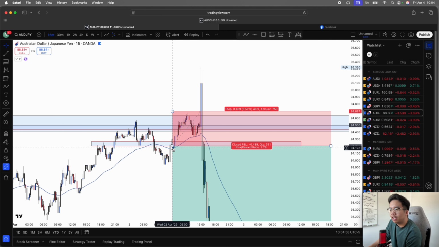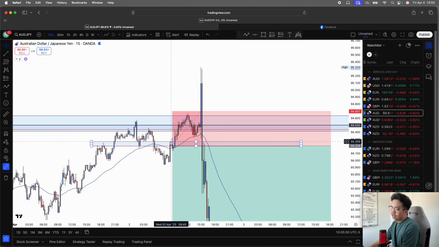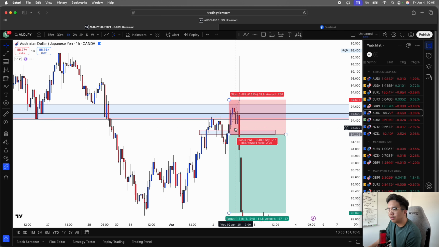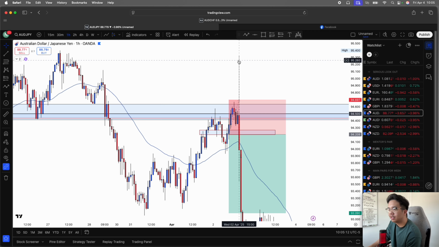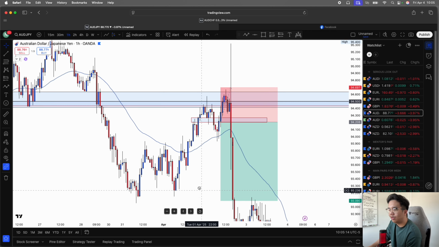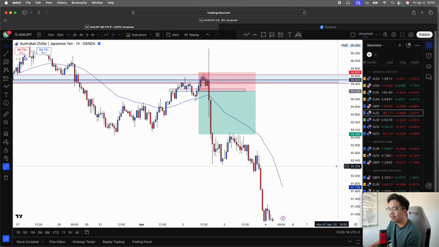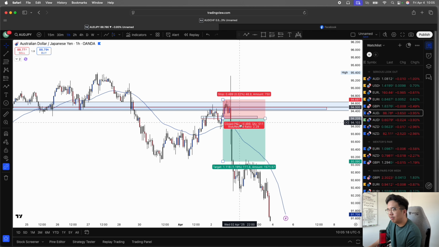So as you can see, price action has been rejected in this area of interest, and guess what? We got wicked out and went to the downside. This is really bad.